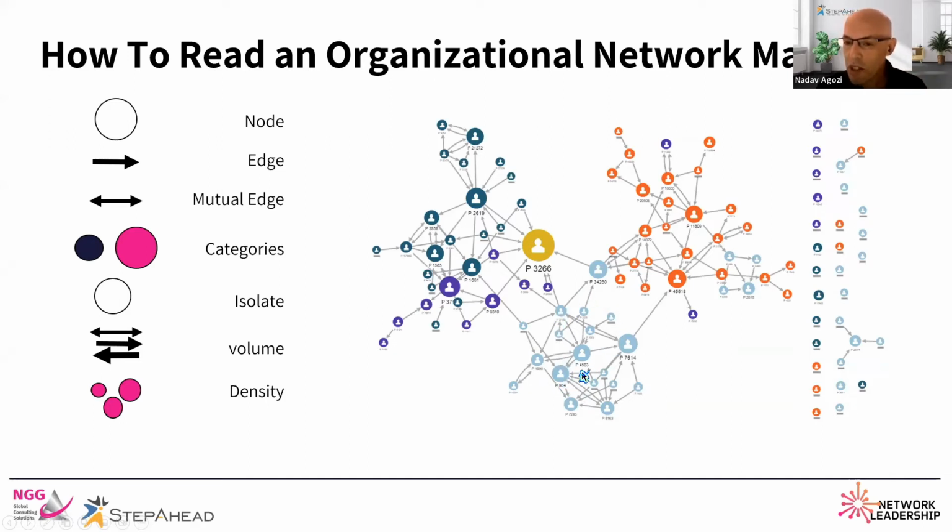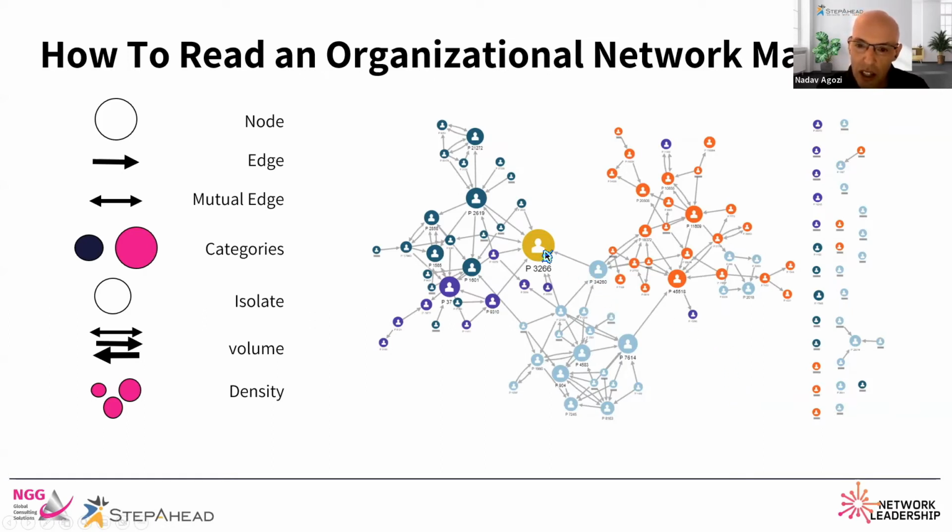But when we see categories, it means that these people belong to the same department or gender or whatever we chose. And now we see on the right side of the screen some people who are kind of isolated, not connected. This means that these people really don't have any connection with others. Okay, which brings questions. We'll come back to that.